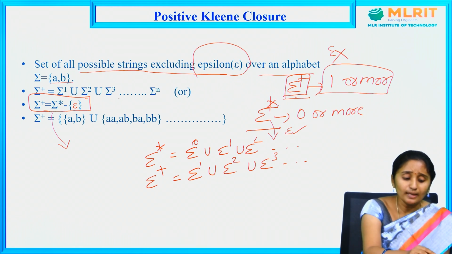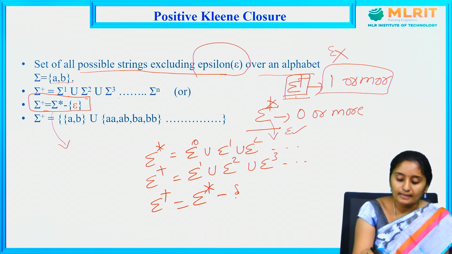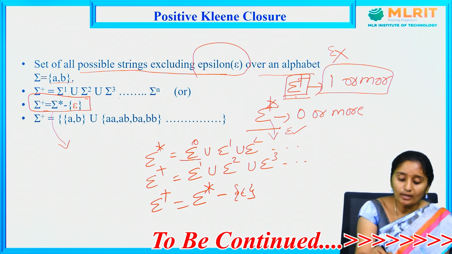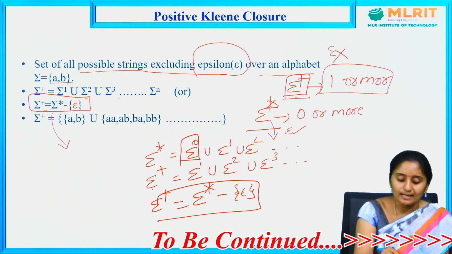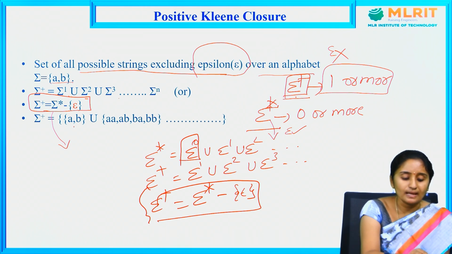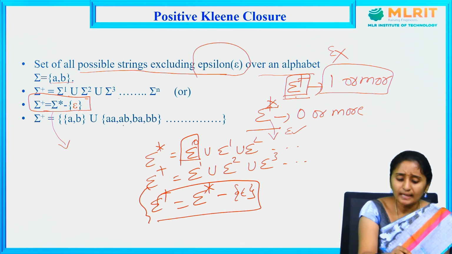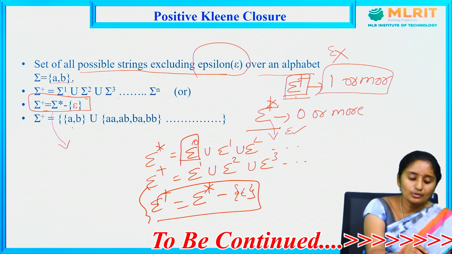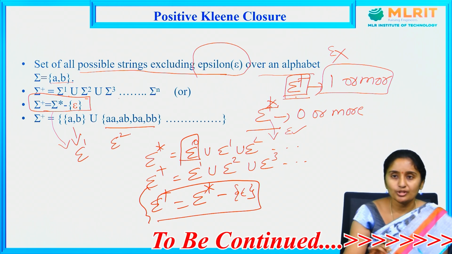So sigma power plus is equal to sigma power star minus epsilon, where epsilon is sigma power 0. Both point to the same thing. So sigma power plus is a comma b union aa, ab, ba, bb, and so on. This is sigma power 1 and this is sigma power 2. This is positive closure.